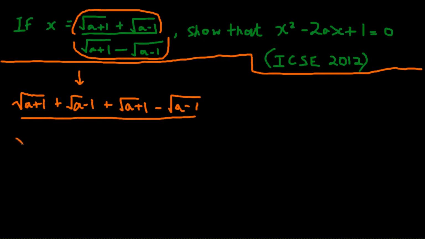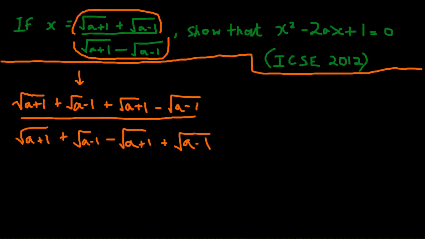And this is upon a again, so the first two terms remain the same, root a plus 1 plus root of a minus 1. Now this becomes a minus, you just change the signs basically. So this will become a plus over here. Now in the numerator you can see that this is a plus root a minus 1, this is a minus root a minus 1.